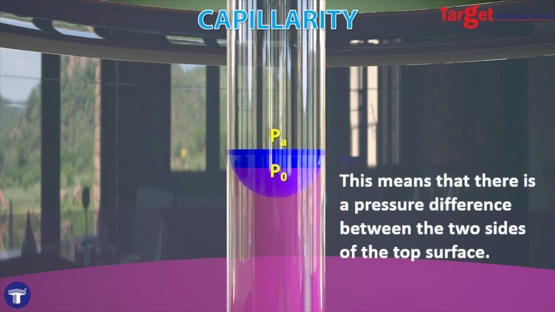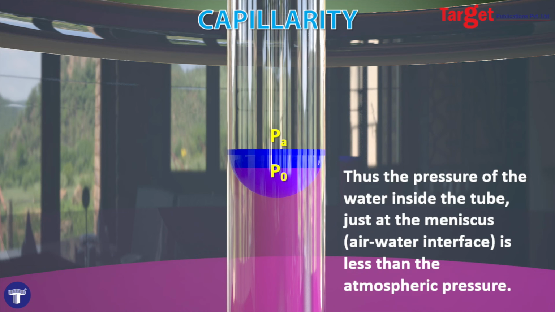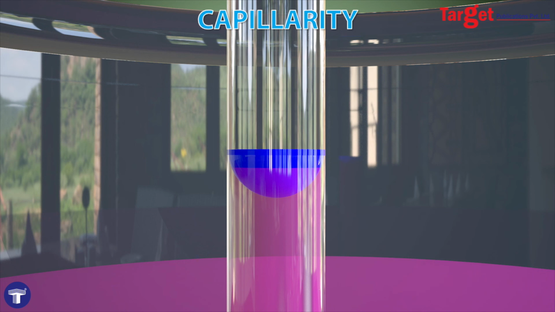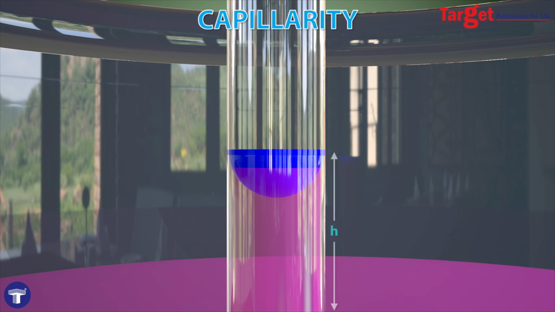This means that there is a pressure difference between the two sides of the top surface. Thus, the pressure of the water inside the tube, just at the meniscus, that is, at the air-water interface, is less than the atmospheric pressure. Thus, the water rises in the tube. The increase in height inside the tube is known as capillary rise, denoted by small h.